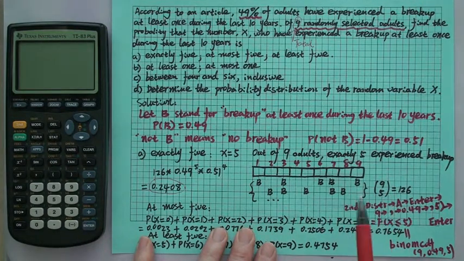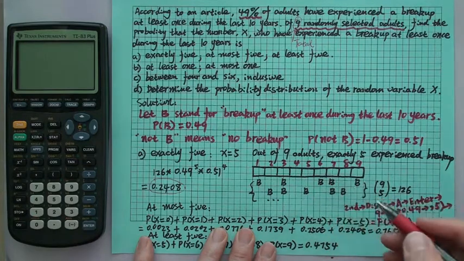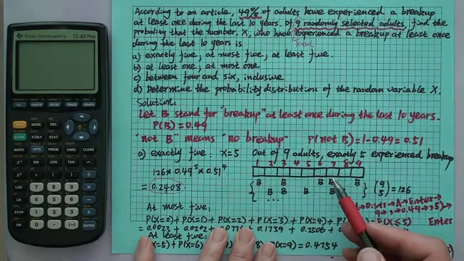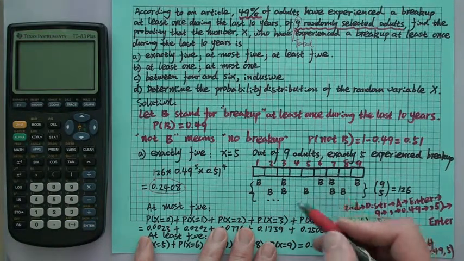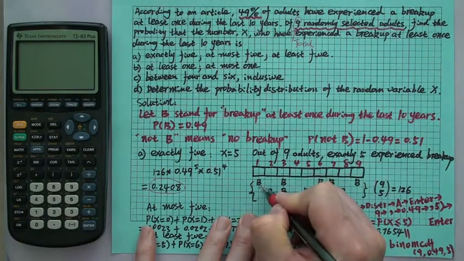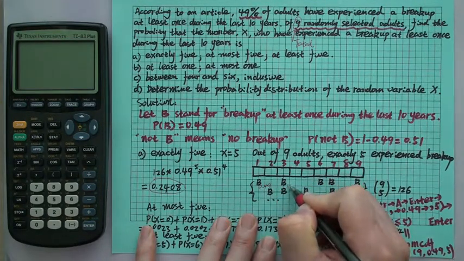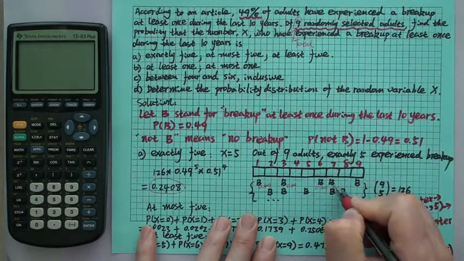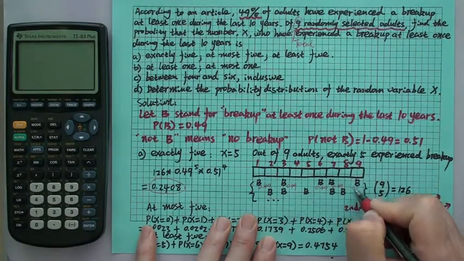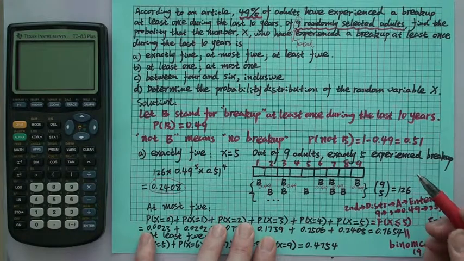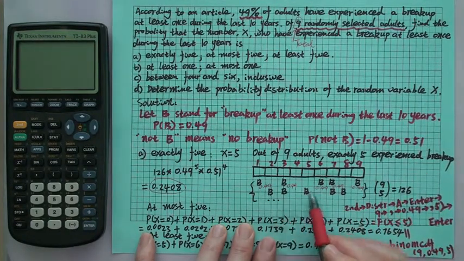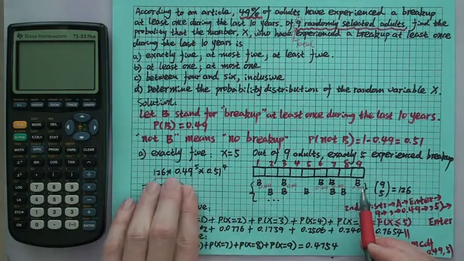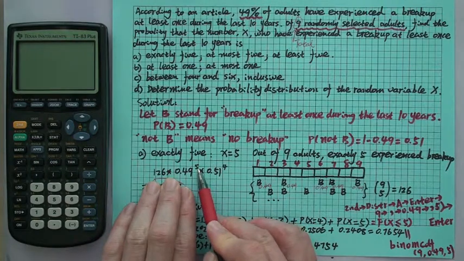Again, for each adult, the probability of experiencing a breakup is 0.49. So you multiply all the probabilities together for these 5 adults, that's 0.49 to the 5th.